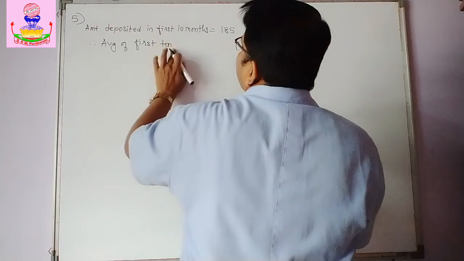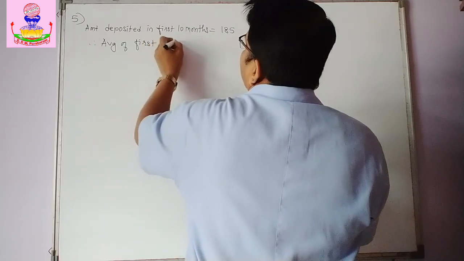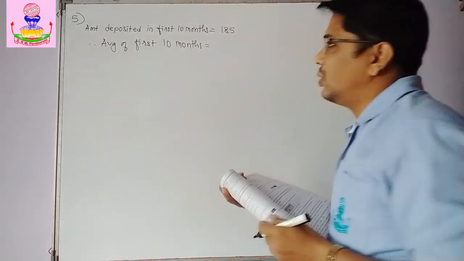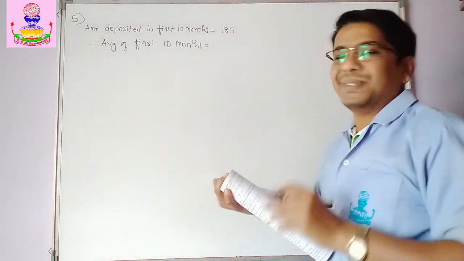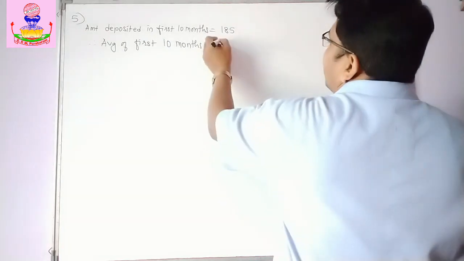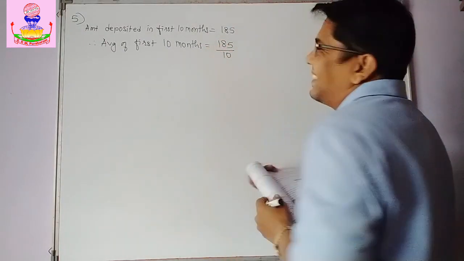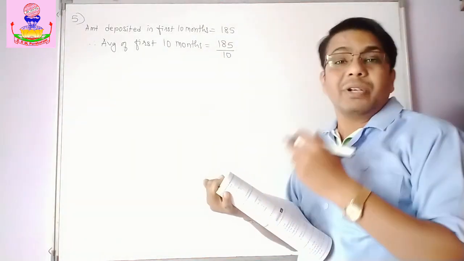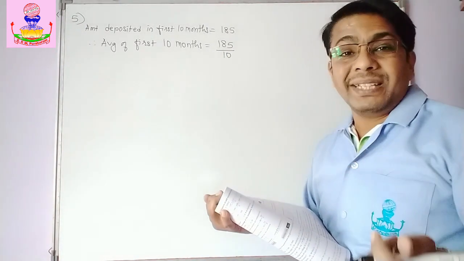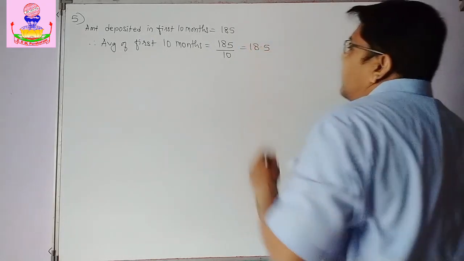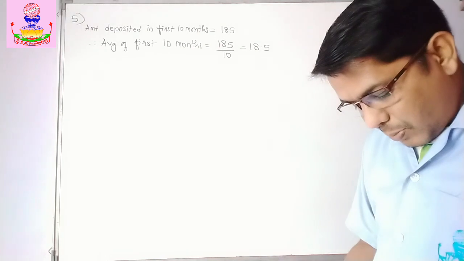Because why I need this? Because the average of the whole year is less than the average of the first 10 months by 0.50. Okay, so the average of the first 10 months: 185 upon 10, total amount deposited divided by total number of months. So it comes out to be 18.5. Now what do they say?